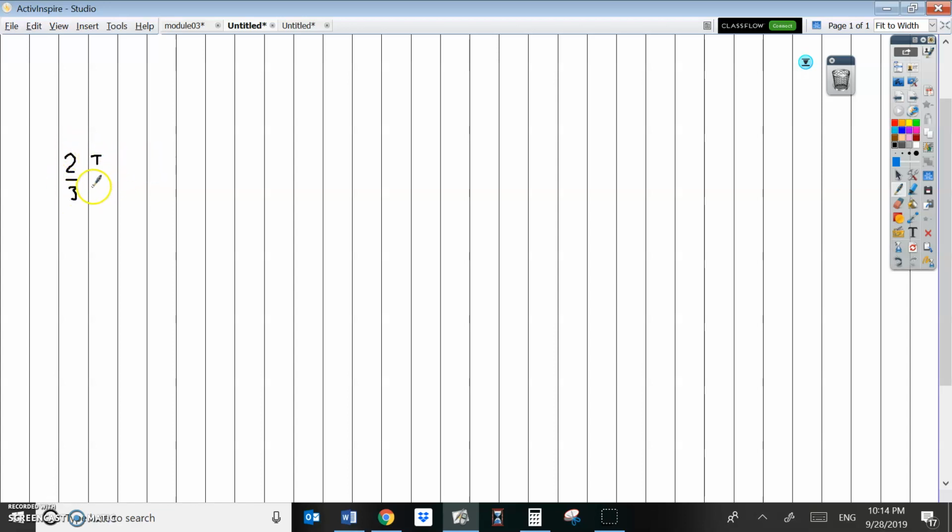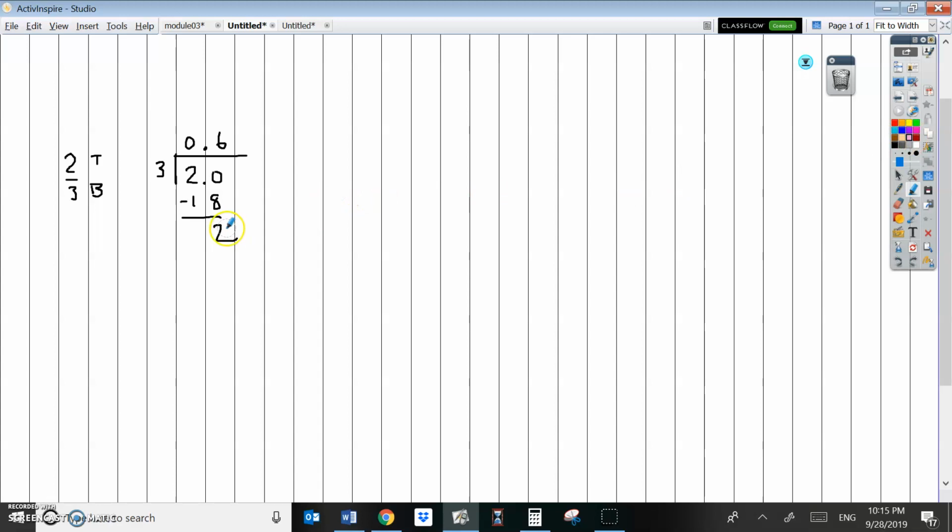Divide the top by the bottom. 2/3. Bring up your decimal. Will 3 go into 2? No. How many times does 3 go into 20? 6 times 3 is 18. Subtract, you get 2. What do you see?